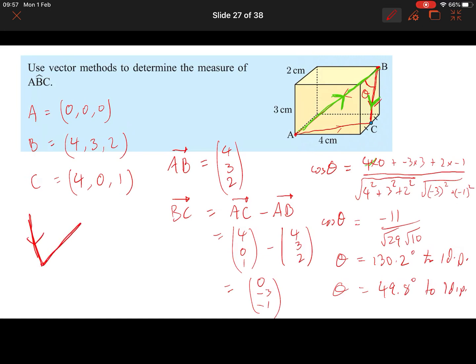Let me just be clear about what happened there. If I have my two arrows both pointing towards the point, or both pointing away from the point, then I will be finding that angle there.